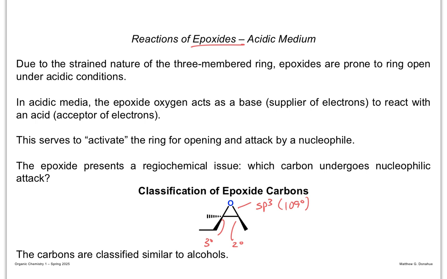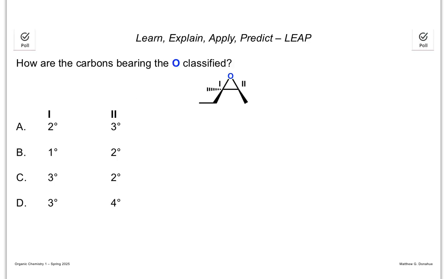That's as if you were just popping the ring open, and whatever carbon gets the OH, you classify it as an alcohol. So 1 is tertiary, so that eliminates A and B. 2 is secondary, so that eliminates D, so we're at C. So tertiary, secondary.